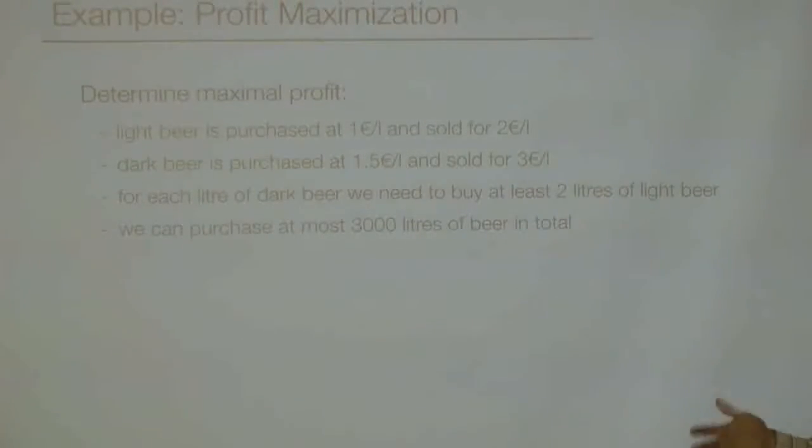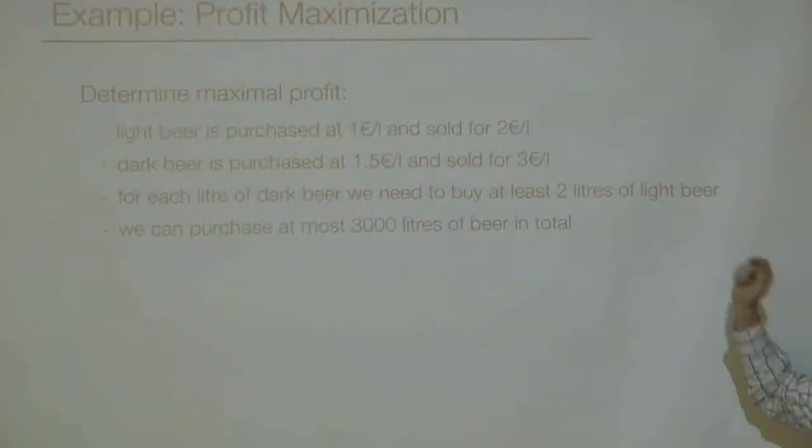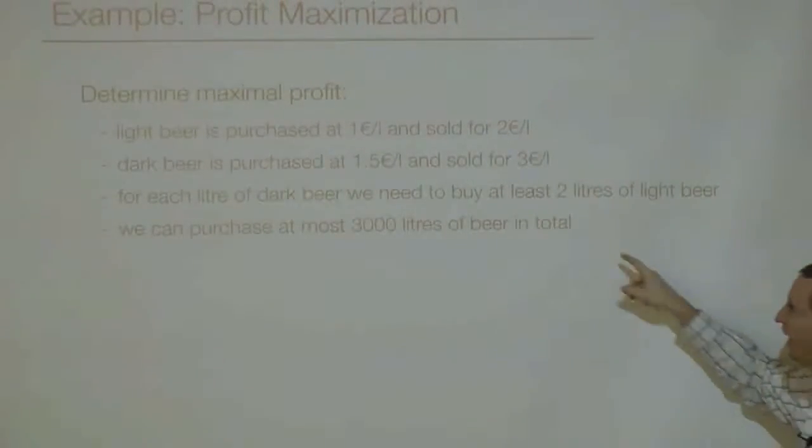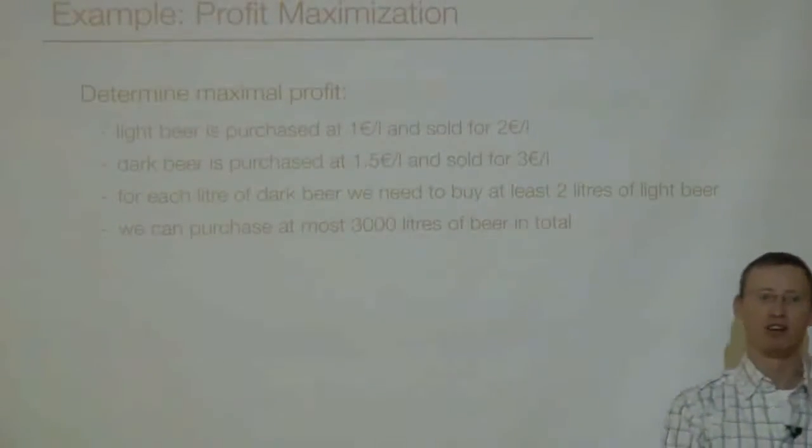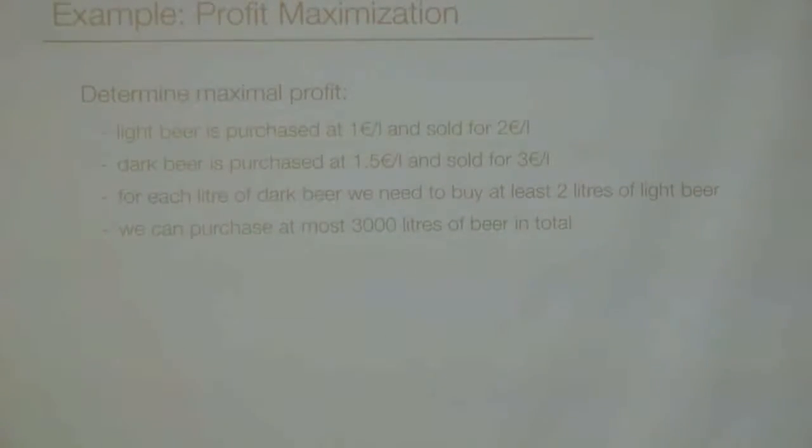He can buy 5, 6, 7, 8. But at least 2 liters of light per 1 liter of dark. And the Duff Company will not sell him more than 3,000 liters in total. And now we have to come up with the optimal composition of light and dark beer, such that we maximize our profit. Okay? So let us formulate the problem.